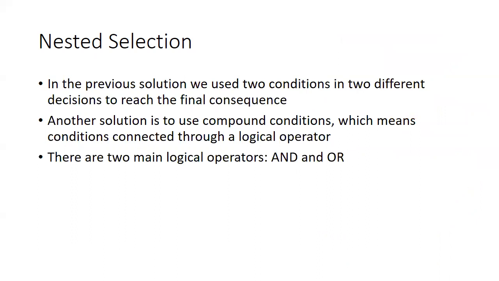Another example of nested selection would be what happens when we do grades. We could have something like this. If the mark is less than 60, then we would say grade equals F. Else: what the else is going to be is if this is not true, that means the grade is 60 or more.